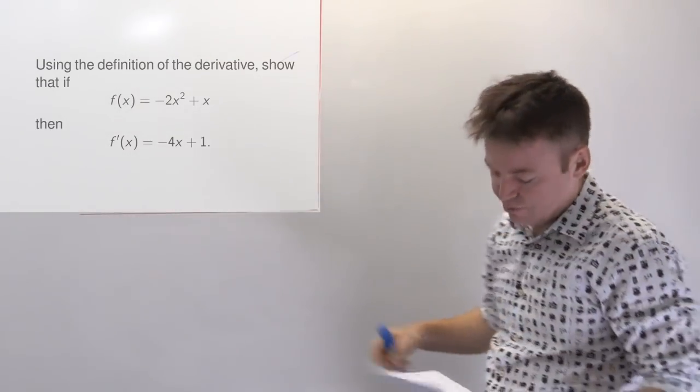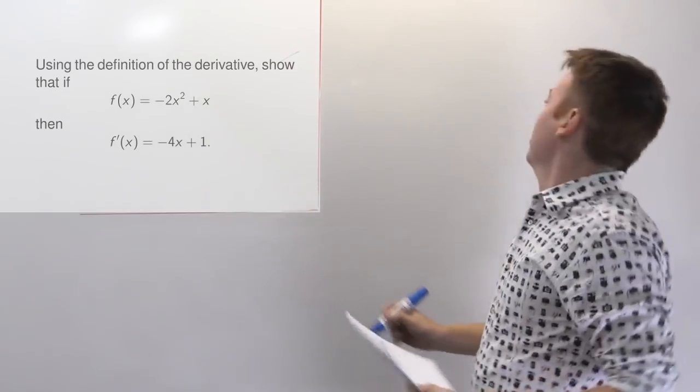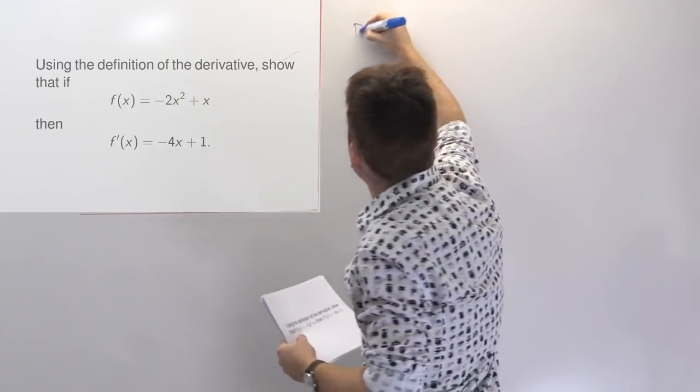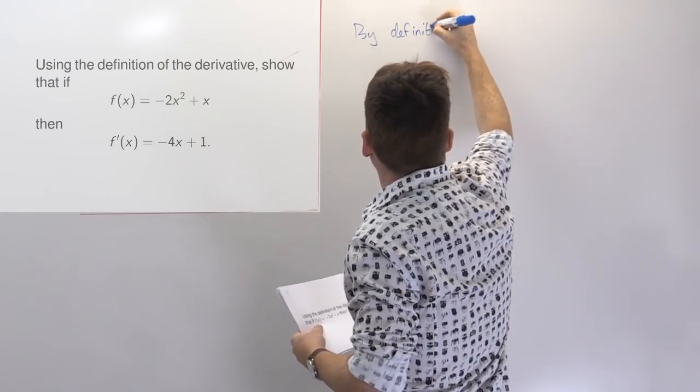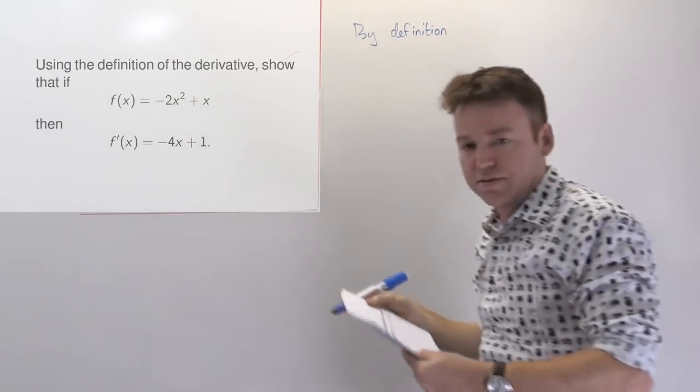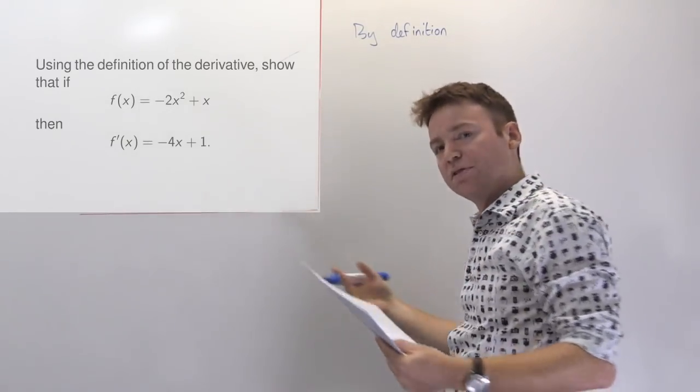Use the definition of the derivative to show that the derivative of some function is some other function. I mean, you should all know how to differentiate this function. The question is really, do you know how to apply the formal definition of derivative?